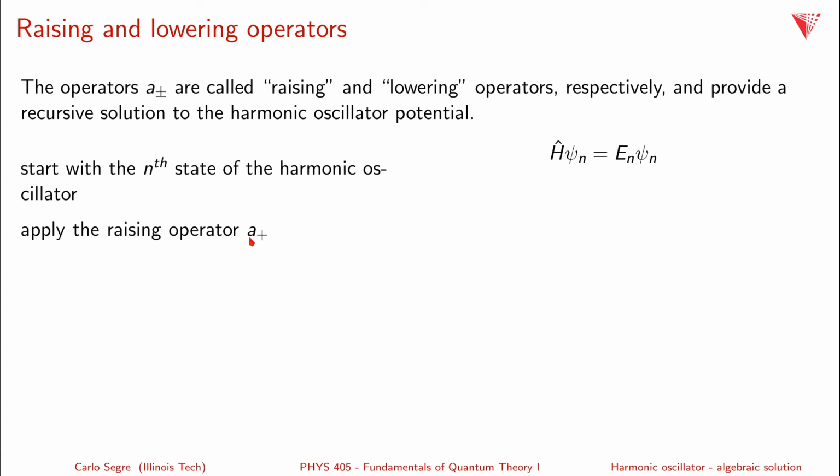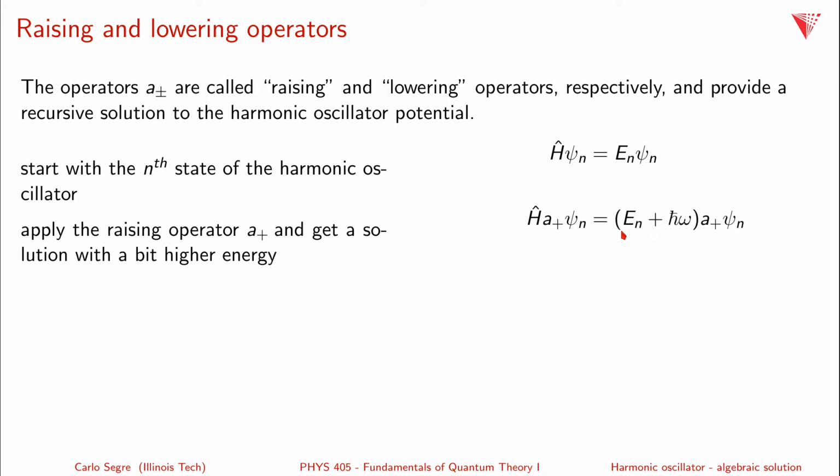Now let's apply the raising operator, a plus, to this state. Well, we know what that does, right? Because we apply a plus to psi sub n, and then we apply h, the Hamiltonian, and we get a solution with a bit higher energy. Just like we saw before, we get En plus h bar omega times the function back again. This must be the n plus 1th state.